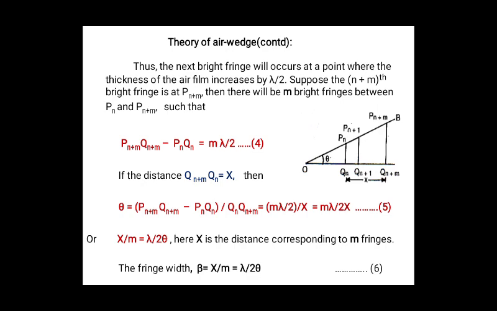It is equal to m lambda by 2x. This is equation 5. Or x by m is equal to lambda by 2 theta, where x is the distance corresponding to m fringes. Then the fringe width beta is given by beta is equal to x by m, and it is equal to lambda by 2 theta.